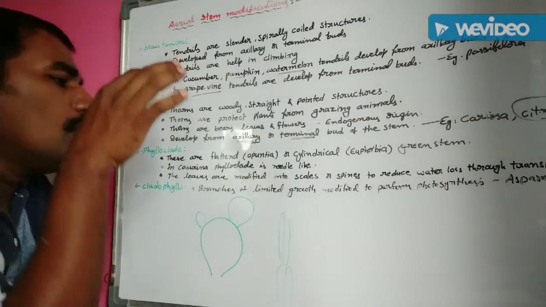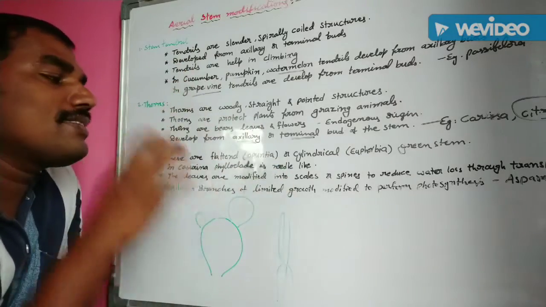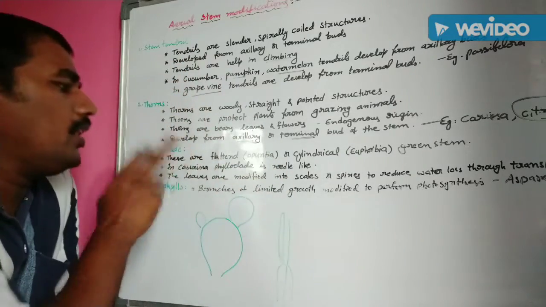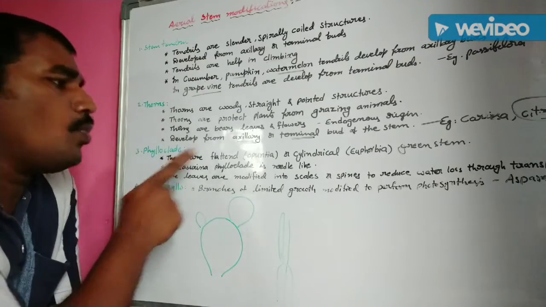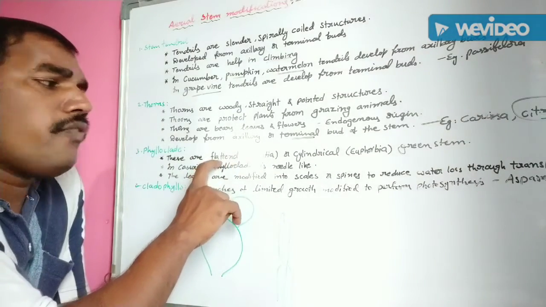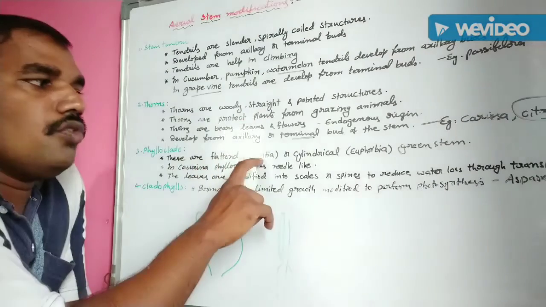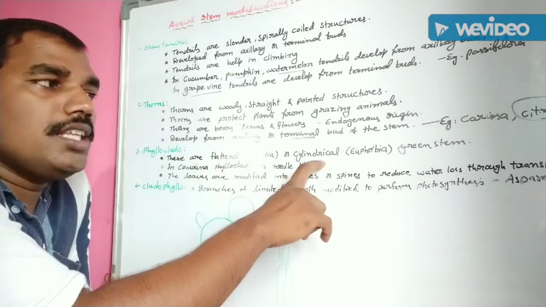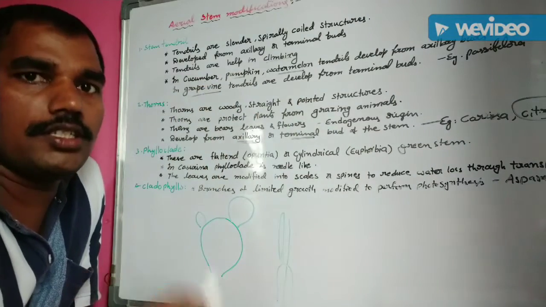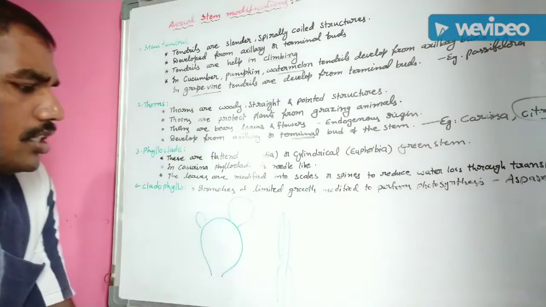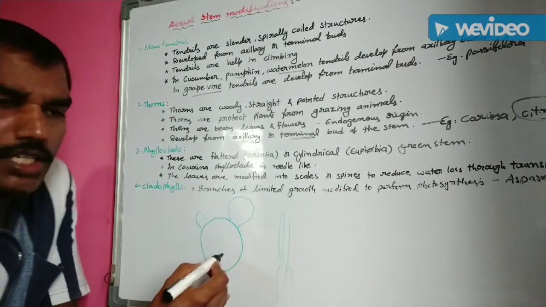Next one, the photosynthesis activity of the leaf is done by the stem. Because of this reason, the stem is modified into a green and flattened structure in Opuntia and a green and cylindrical structure in Euphorbia for photosynthesis activity. Understand? Suppose this one, Opuntia.